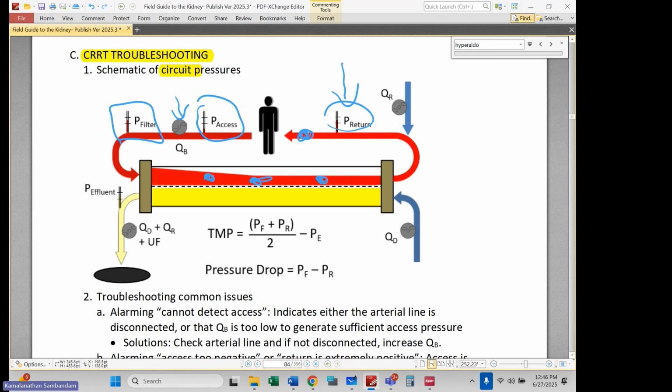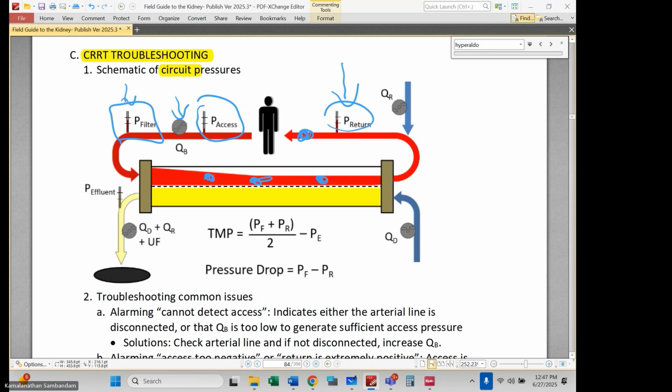So when I hear a problem with CRRT and a question of clotting, I'm interested really in two numbers. What is my return pressure and what is my filter pressure? If both my return pressure and my filter pressure are high, I am thinking that this is not a clotting filter, this is a dysfunctional catheter.